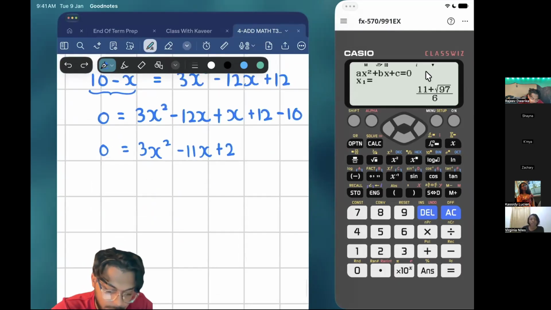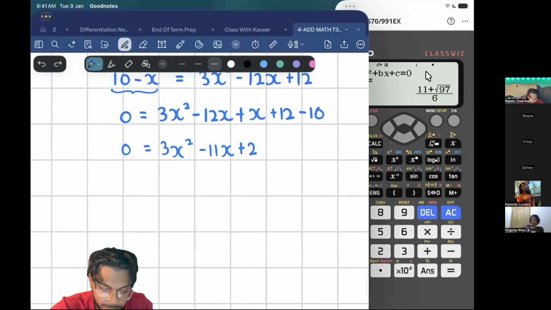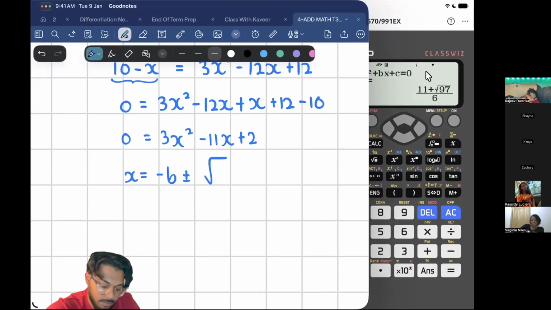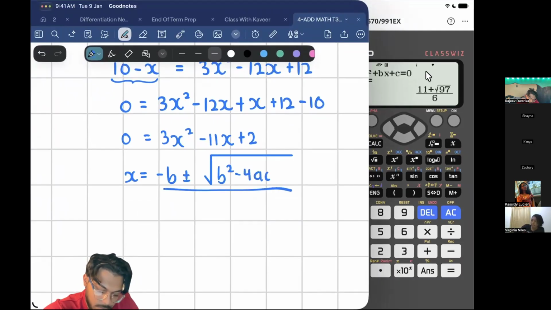Let me just ask, does anybody remember the quadratic formula? Yes, sir. Minus b plus or minus root b squared minus 4ac over 2a. All right.